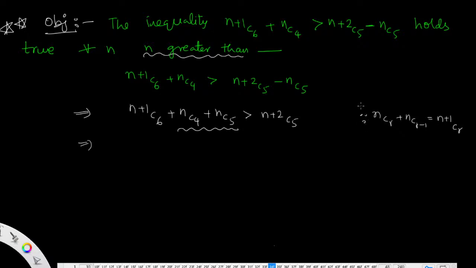Since this formula can be applied, that gives n plus 1C6. Next, n plus 1 with 5 and 4 there, you write n plus 1C5 is greater than n plus 2C5. Again this is in the form of the formula, nCr plus nCr minus 1, then n plus 1Cr.